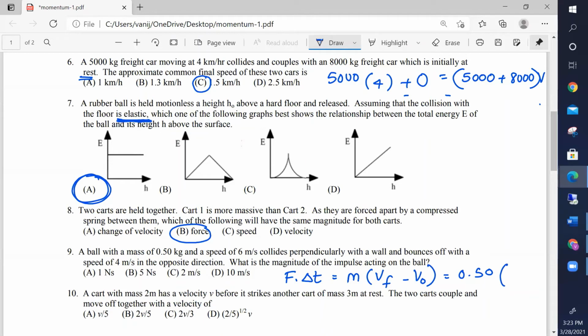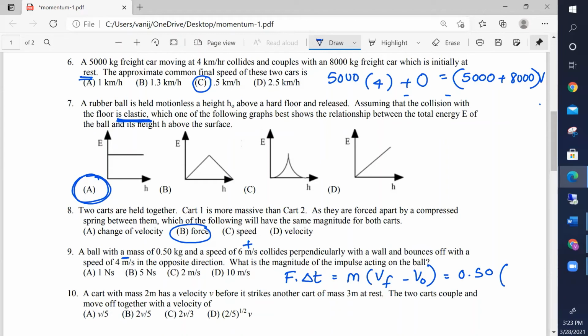Now be careful, guys. It says it moves with a speed of 6 meters per second, collides perpendicularly with a wall and bounces off with a velocity of 4 meters per second in the opposite direction, right? So if you are taking 6 meters per second as positive, then 4 meters per second is going to be negative because it's bouncing off in the opposite direction.